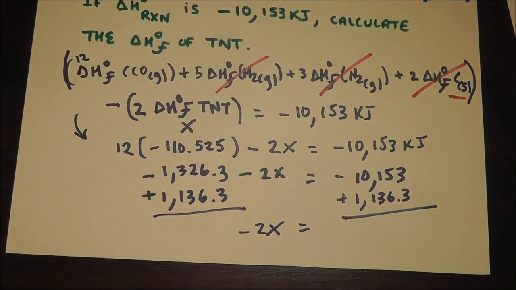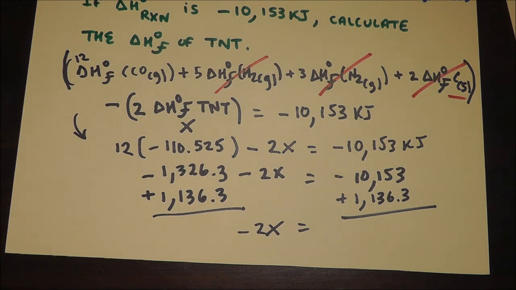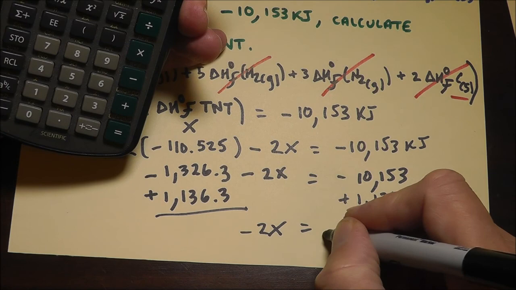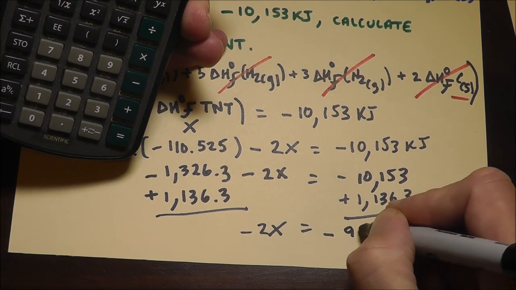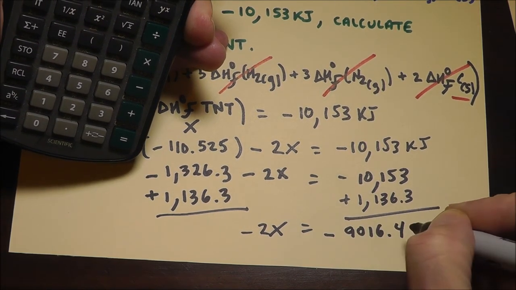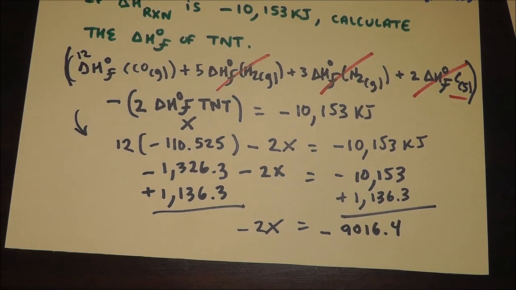And on the right, we would then have 10,153 negative plus 1,136.3. That would be minus 9,016.4. I need more paper. Cool. I got a little bit of paper.